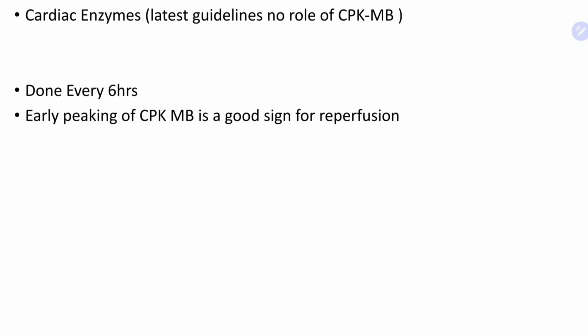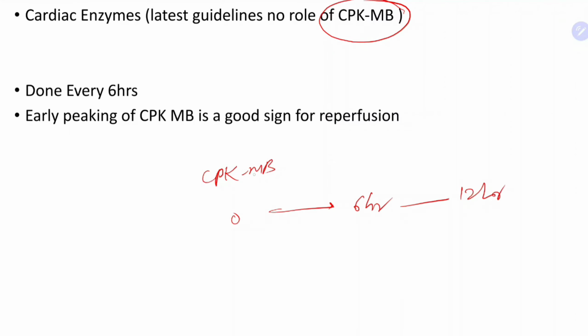Coming to cardiac enzymes, as per the latest guidelines, there is no role of CPK-MB. So you have an acute MI case where ST elevation is there, and you want to check CPK-MB levels at 0 hours, after 6 hours, after 12 hours. This is your first CK-MB report, second, and third.